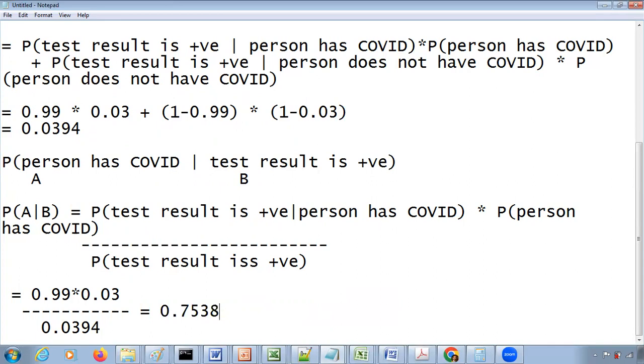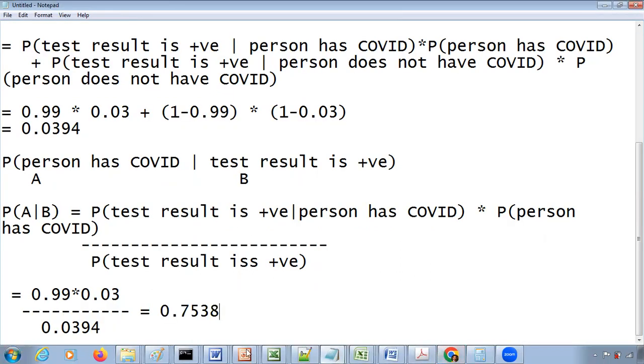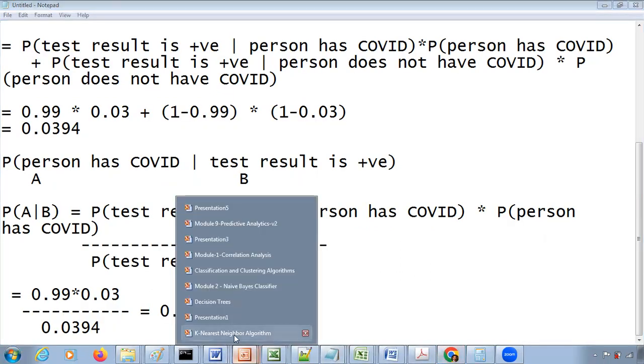That means if the test result comes out positive, the probability a person has COVID is 0.7538. It's not 1, because only 3% of the population has COVID, and the test result can be accurate only 99% of the time. So given all these conditions, the probability that someone has COVID if the test result is positive is 0.7538.